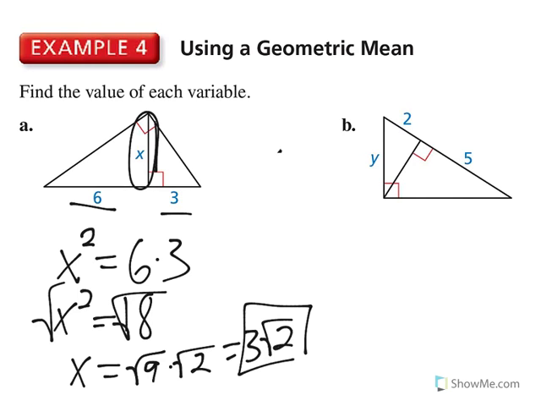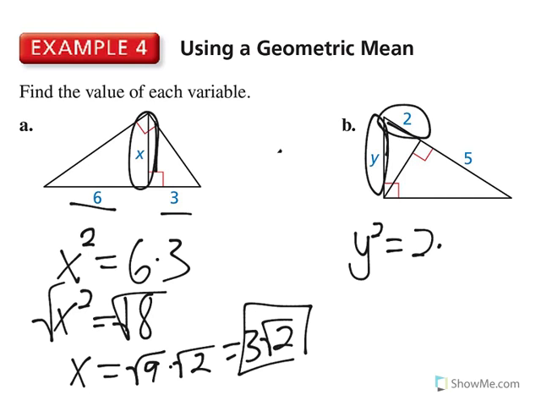In B, we do not have the altitude, but we have one of the legs of the big triangle, and then we have the two parts again over there. So this leg of the big triangle, y squared, is equal to the closest part, which is my 2, times the whole thing.